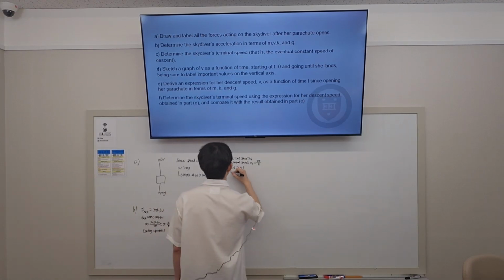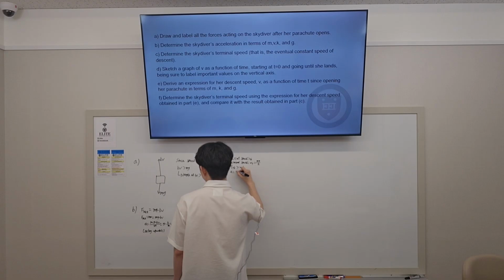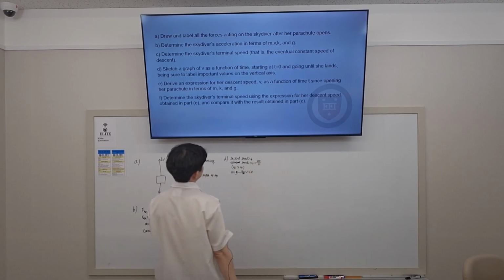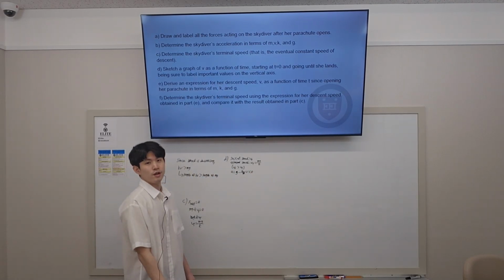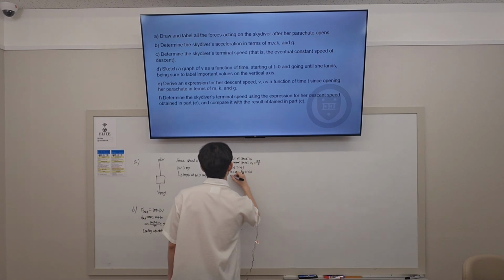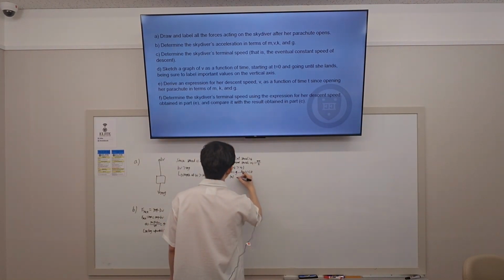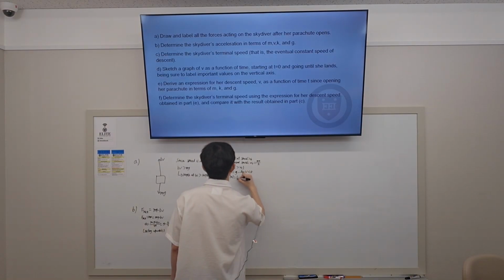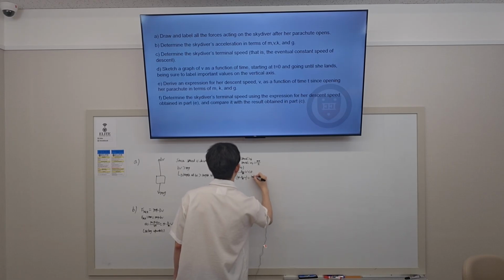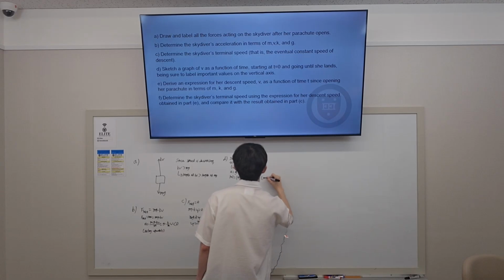And acceleration is given as g minus k over m times v, and this is less than 0. So this represents the magnitude of acceleration.